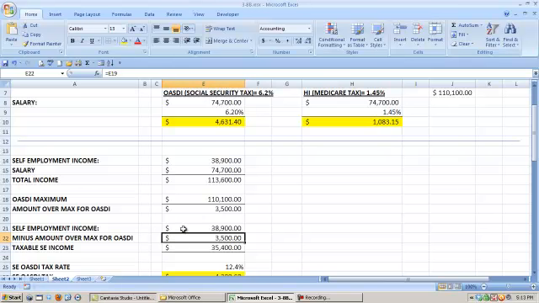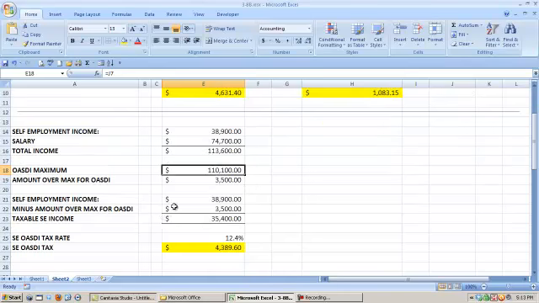So the difference between these two, this is the total amount that he earned in his accounting work. This amount is exempt, so that means $35,400 of his earnings were below this $110,100 Social Security or OASDI maximum.